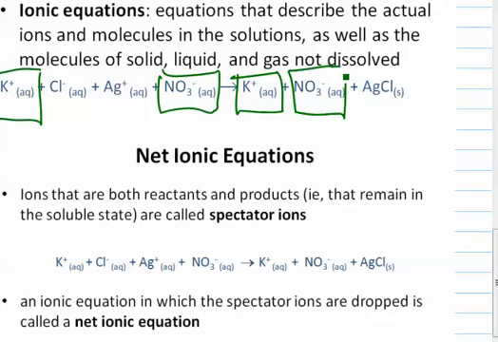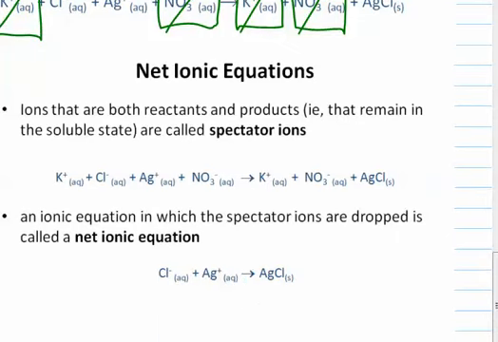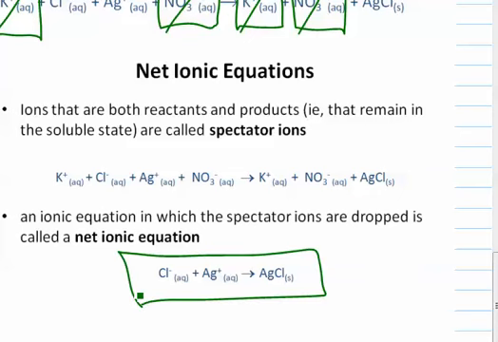So these also are present both at the beginning and the end, and we can think of an equation much like an algebraic expression where factors that are on both sides of the arrow basically cancel out, and so we can cross out those spectator ions to get to our net ionic equation. In this case, chloride reacts with silver to produce silver chloride.